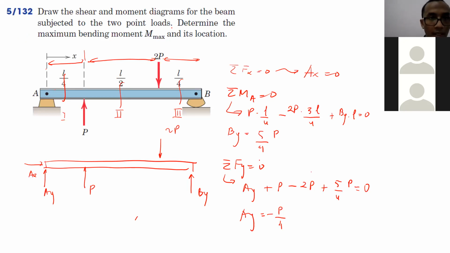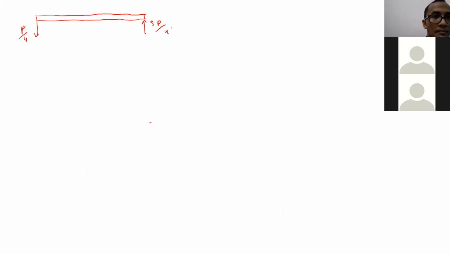So now the forces become like this. We have P over 4 negative, so it's supposed to be going down, P over 4. And we have 5P over 4 here. And then at L over 4, we have P going up. Then here we have 2P going down. So this is our free body diagram, right?